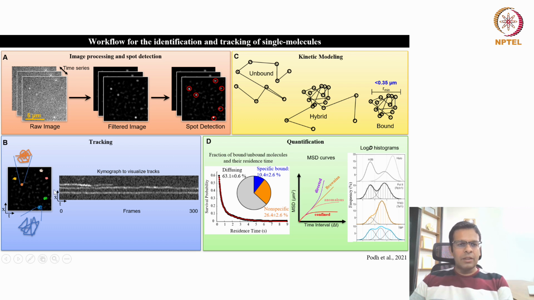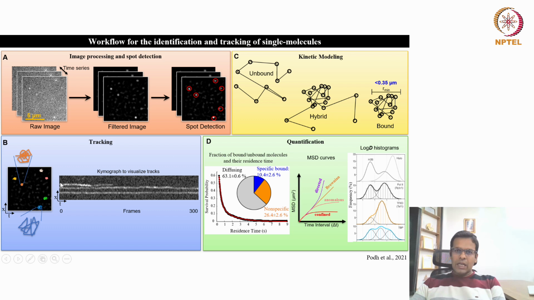Whereas the other two molecules survived from the first frame to the last frame. So for all 300 frames you could see those molecules, whereas for this molecule you could see it from the first frame to roughly around 140 frames. This is the residence time, that is, how long the molecule survives.